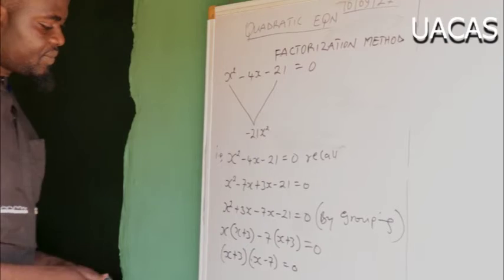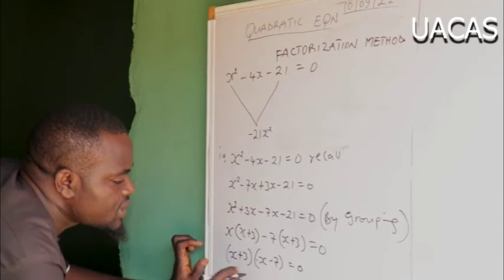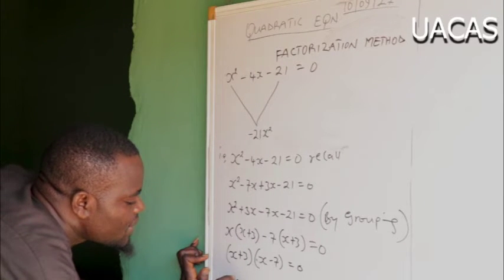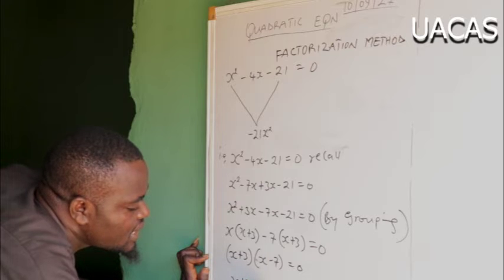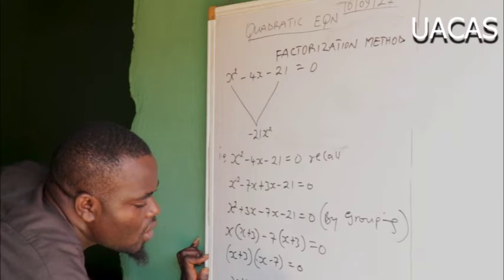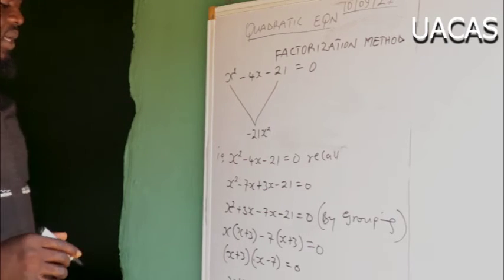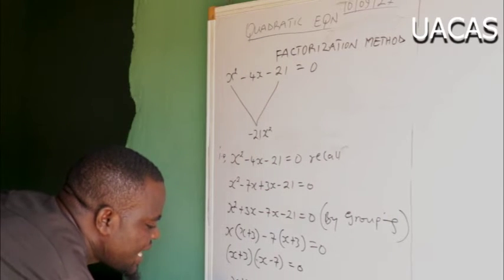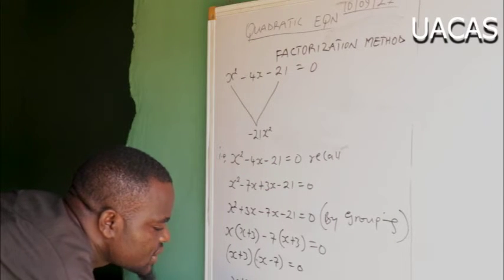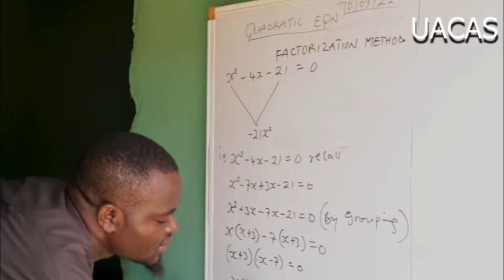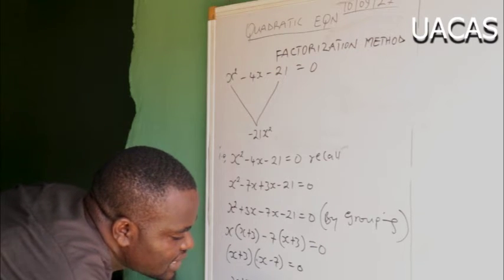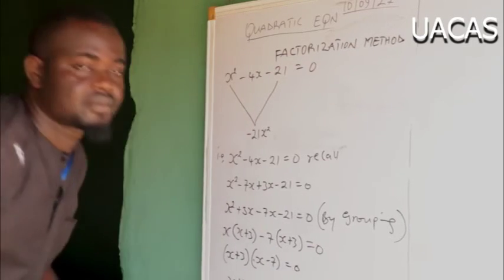Now look at it. From that analysis, x plus 3 equals 0 or x minus 7 equals 0. Now, it simply means that x equals minus 3 or x equals 7.